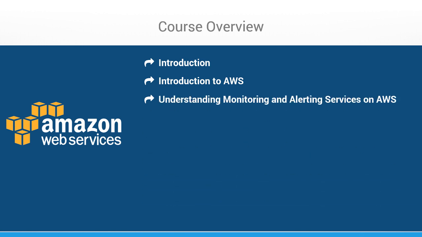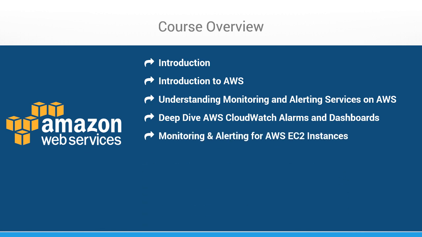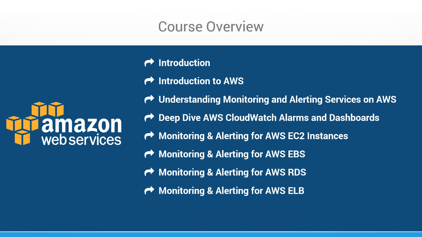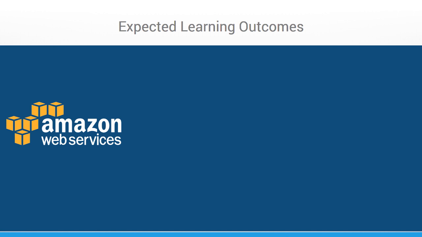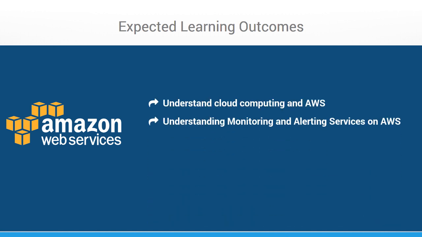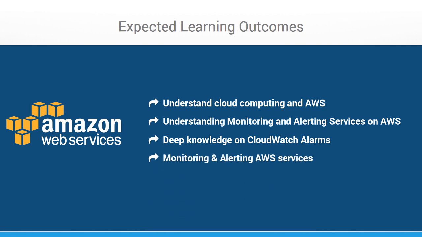During this course, we will dive deep into many of these services and learn how we can monitor the key metrics available for these services. We will learn how to set up alarms for certain thresholds for these metrics so that we can get real-time alerts from AWS and we can take proactive measures to make sure that our AWS infrastructure is performing at peak level. Are you ready to get started?